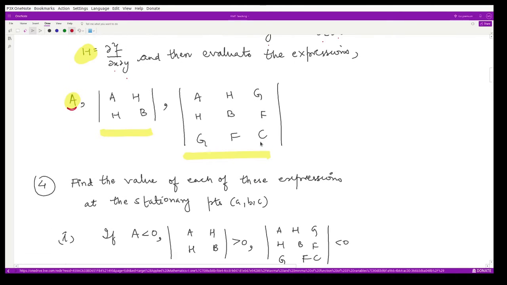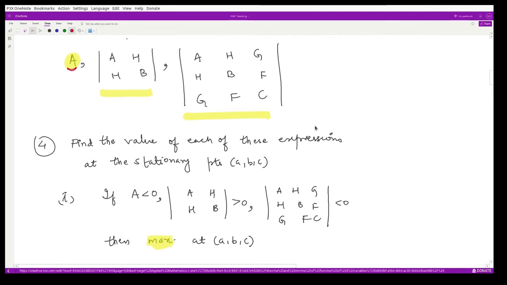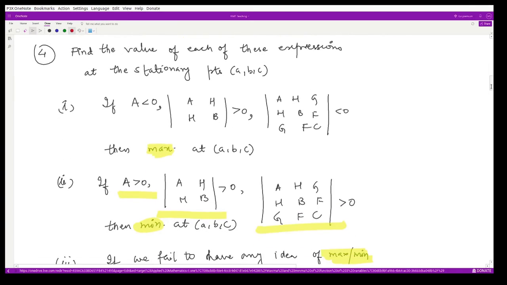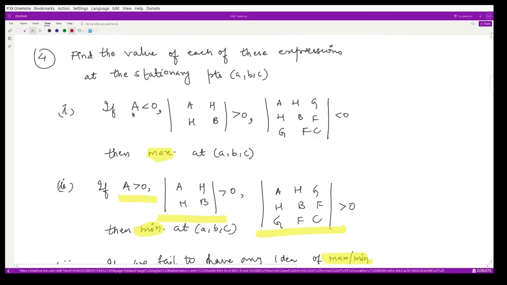Then, based on the signs of the expressions A, this second order determinant and this third order determinant: if A and the third order determinant are negative and the second order determinant is positive, then we have a maximum at that particular point.